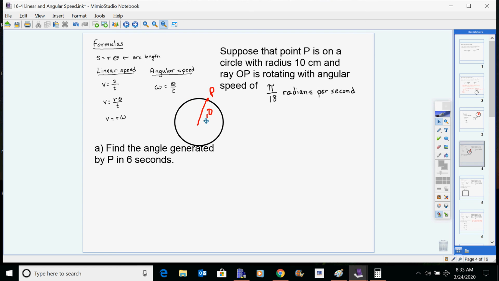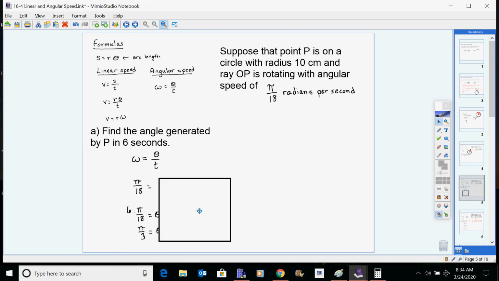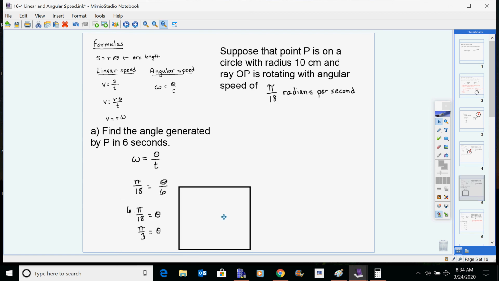So in order to do that, I have my angular speed, and I have my angle theta over my time, which is 6 seconds. So all you have to do is multiply both sides by 6, and you get pi over 3.